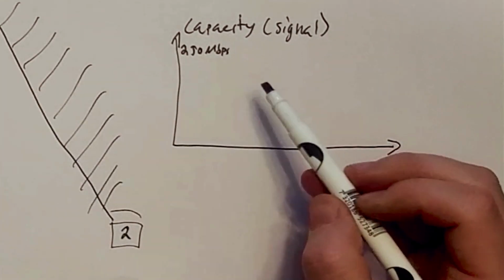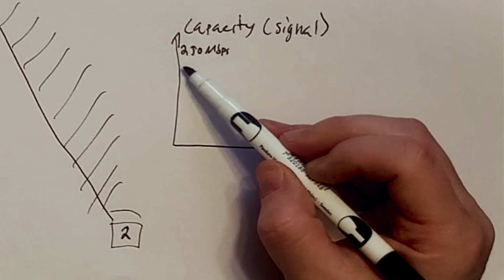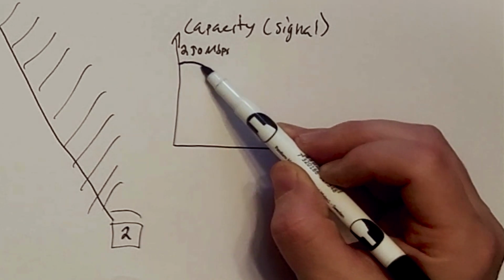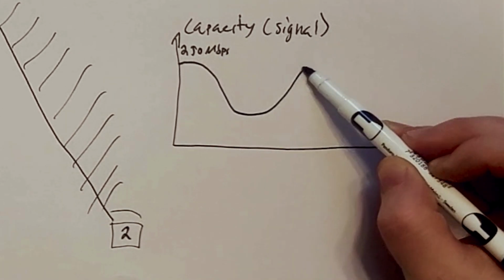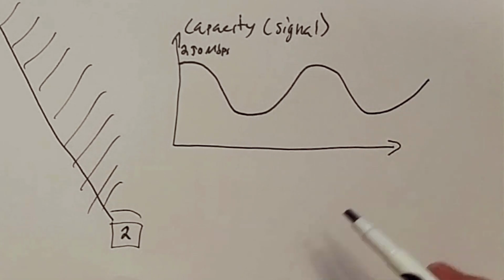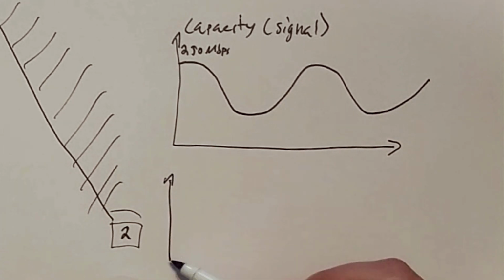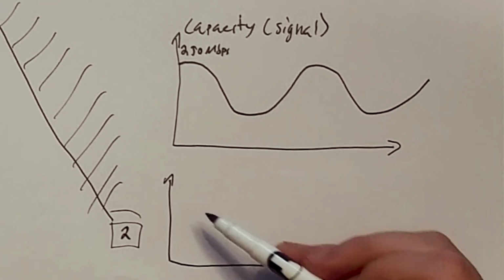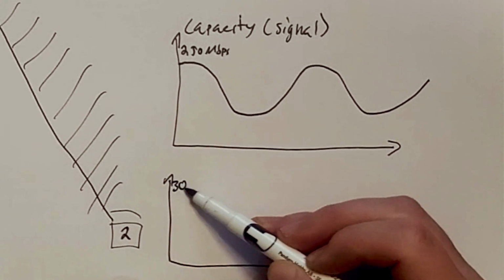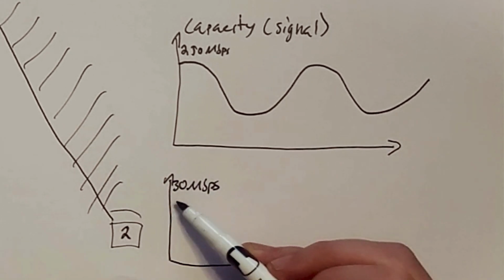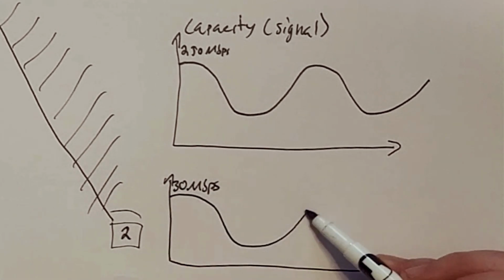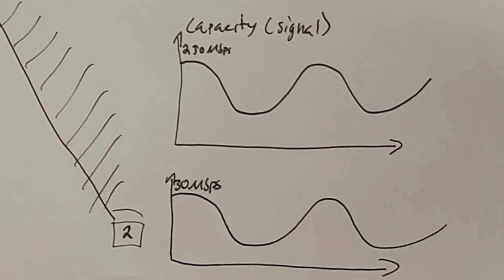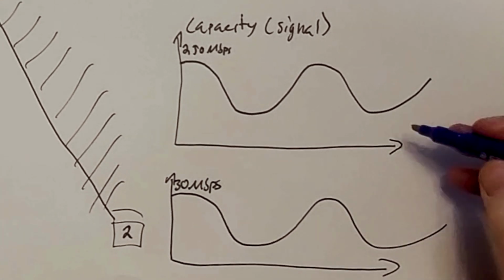But as the satellites move across the sky, which they do pretty quickly, you will get a drop in bandwidth in an oscillating way like this. And for upstream, it will be more like no more than 30 megabits. Same oscillation.